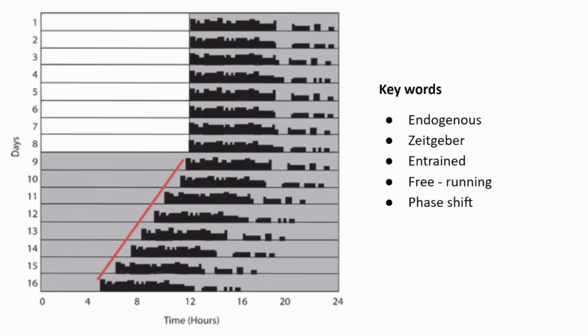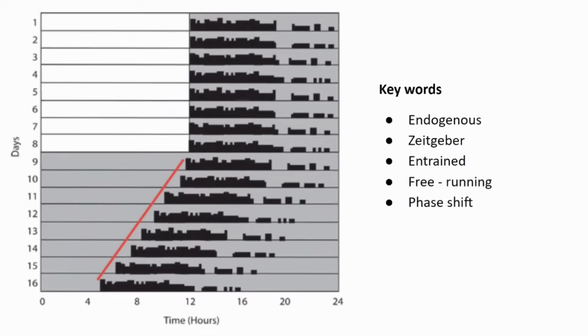Is this internal, or is it driven completely by light and dark? And you can see that actually it's about the same. The animal still becomes active and goes to sleep approximately every 12 hours. So we can conclude that in constant conditions, the animal still shows this rhythm, so it is endogenous. Endo meaning within, so it's internally driven.